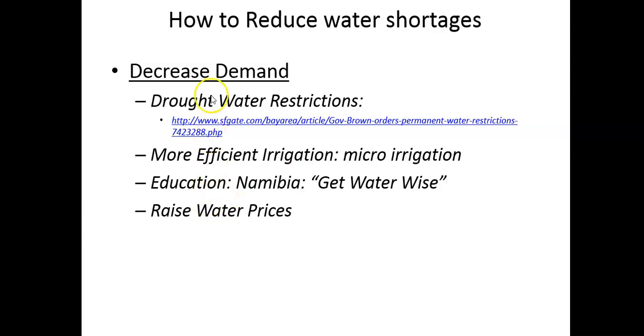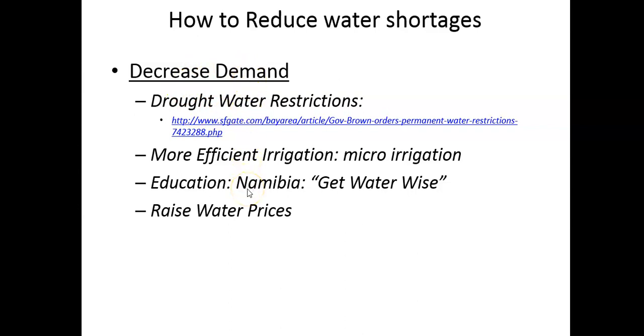Another approach is to decrease demand by changing people's behavior. Again, that's not the biggest piece because it's not agriculture, it's not industry. But in the documentary, we watched the Get Water Wise campaign that Namibia was doing, where they were teaching students how to use less water.